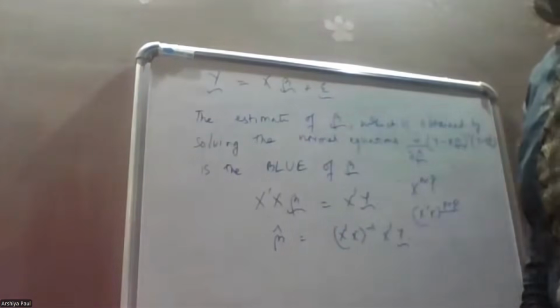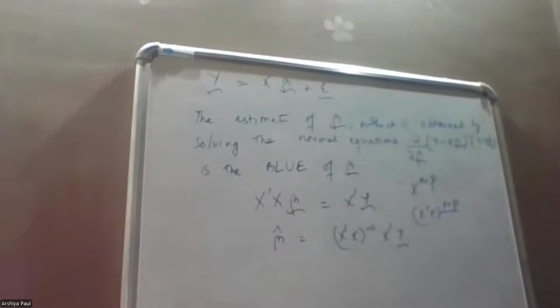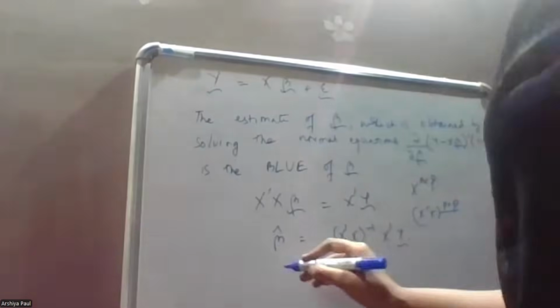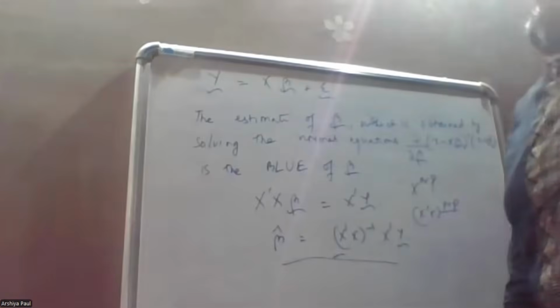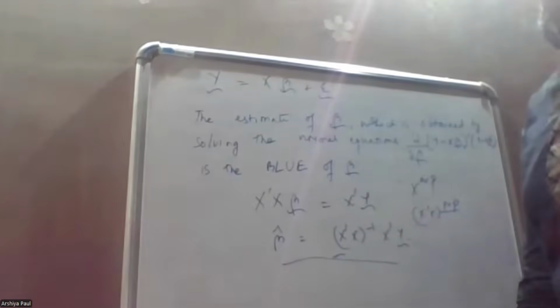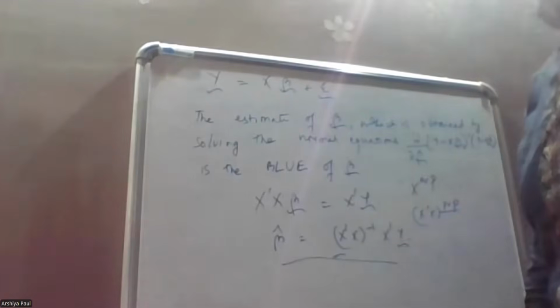So if it is not invertible, can we get beta hat? I think from this, no, we cannot, because we cannot invert X transpose X. So beta hat is actually the expression you have written, that is only when the inverse of X transpose X exists, right?